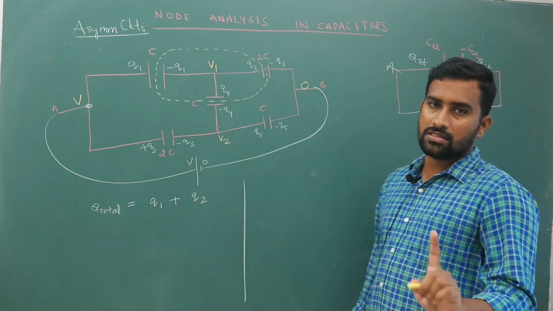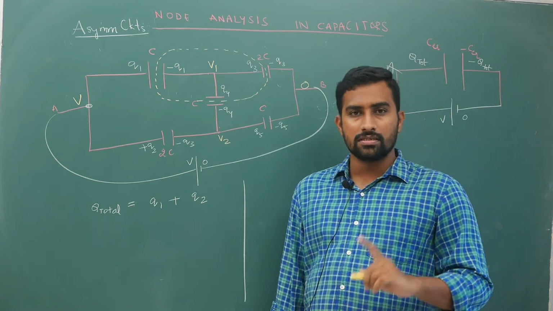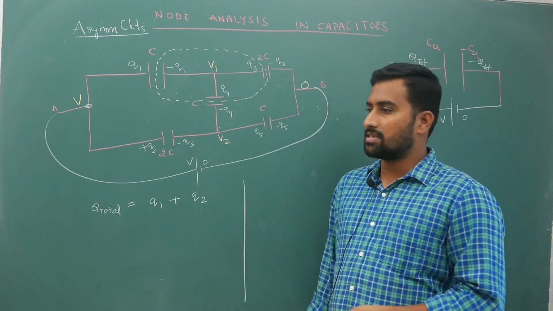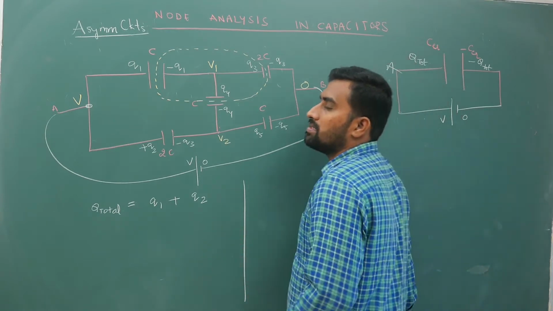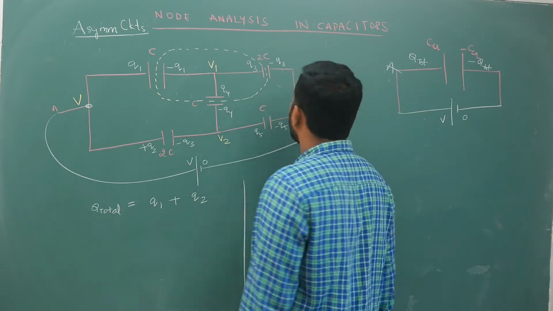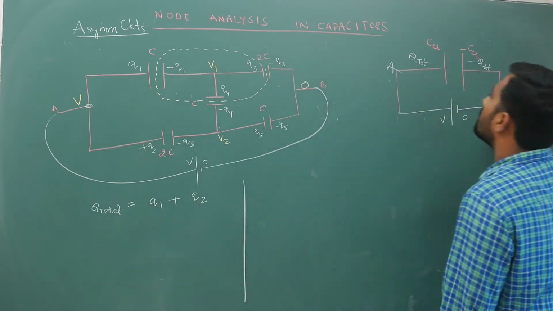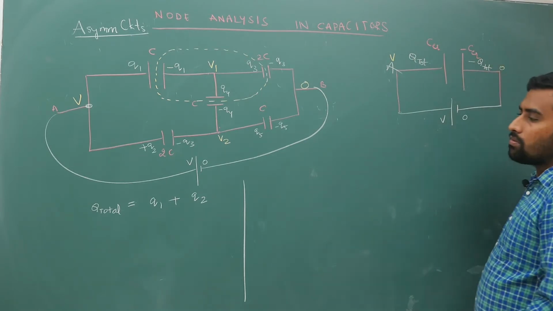First step connecting the battery, second step marking the potentials, third step marking the charges. So now Q total is Q1 plus Q2, where this is V, this is 0.